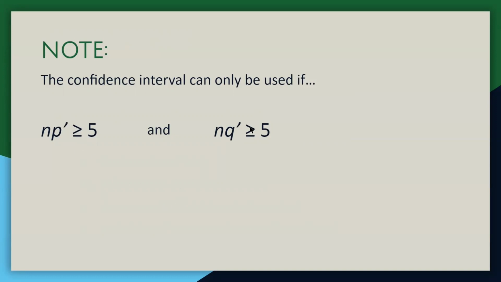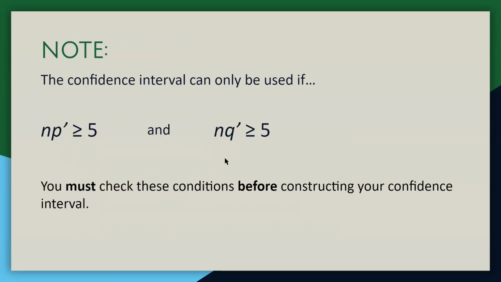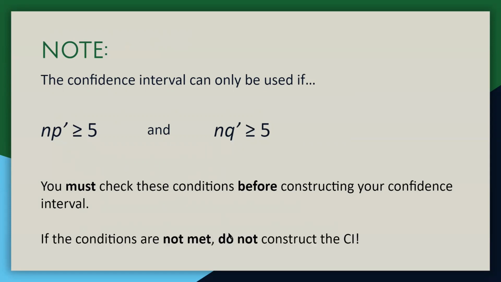If both of these things are not true, the normal approximation of the binomial distribution is not going to be very good. So you need to check these conditions before constructing your confidence interval, even for problems in the book. So check these before you start.